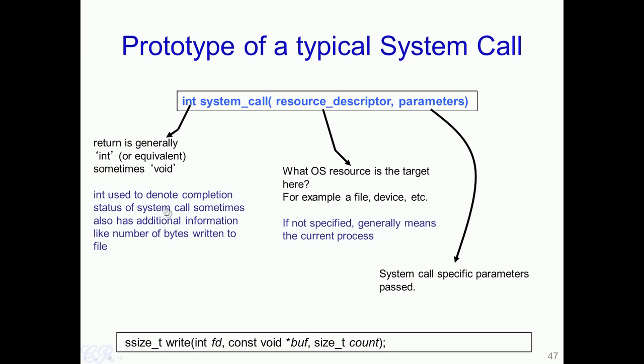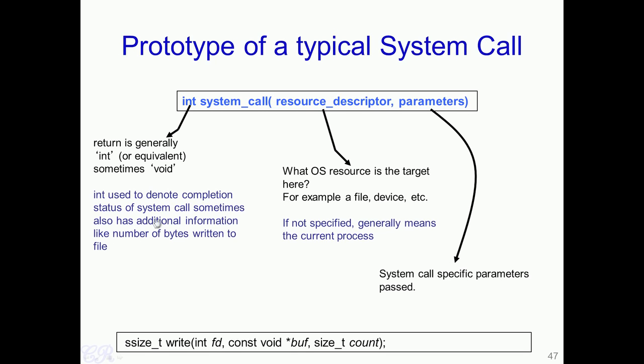So, sometimes the return is also used to specify certain specific information about the system call. For example, in write, the return is size_t, which in fact is typedef to integer, and it specifies the number of bytes that have been written to the file specified in ft. So, the return type could also vary depending on the type of system call.